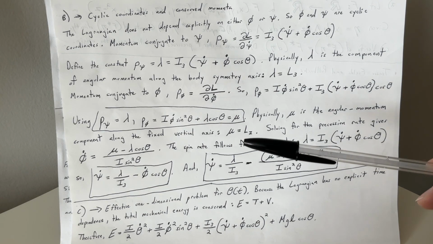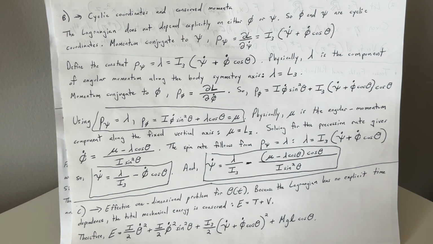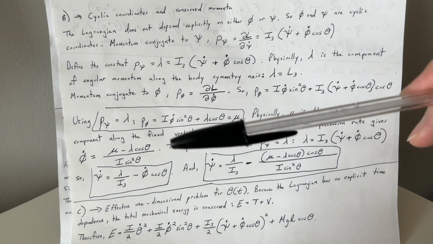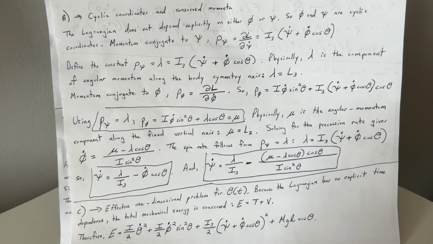So mu equals L sub z. And solving for the precession rate, isolating phi dot, phi dot equals mu minus lambda cosine theta over I sine squared theta.